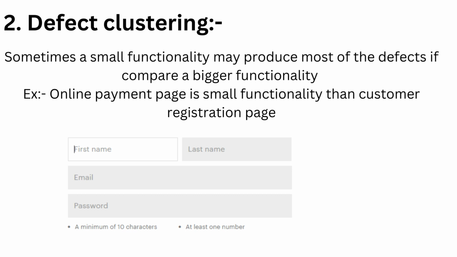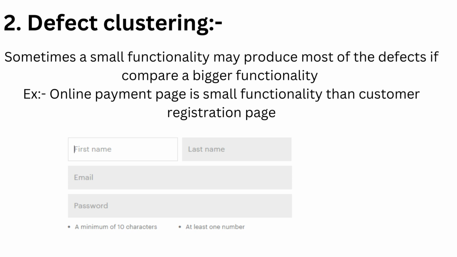So what we need to know in defect clustering is that we should not assume the logic by seeing the page size. We need to assess how critical it is. For example, in the customer registration page there are so many columns and fields, so we think this is a more complex page.